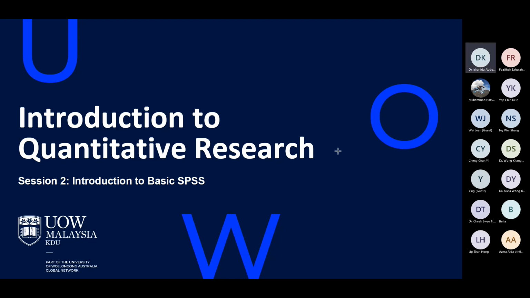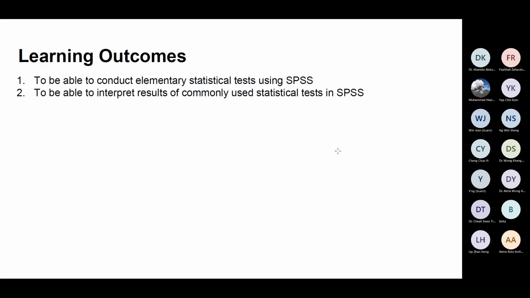Okay, so this is the second session. In the second session, I will introduce how to use basic SPSS. I think it is very important for us to master the basic SPSS before we try more complicated analysis like CFA, confirmatory factor analysis, or SEM, structural equation modeling, and those things.